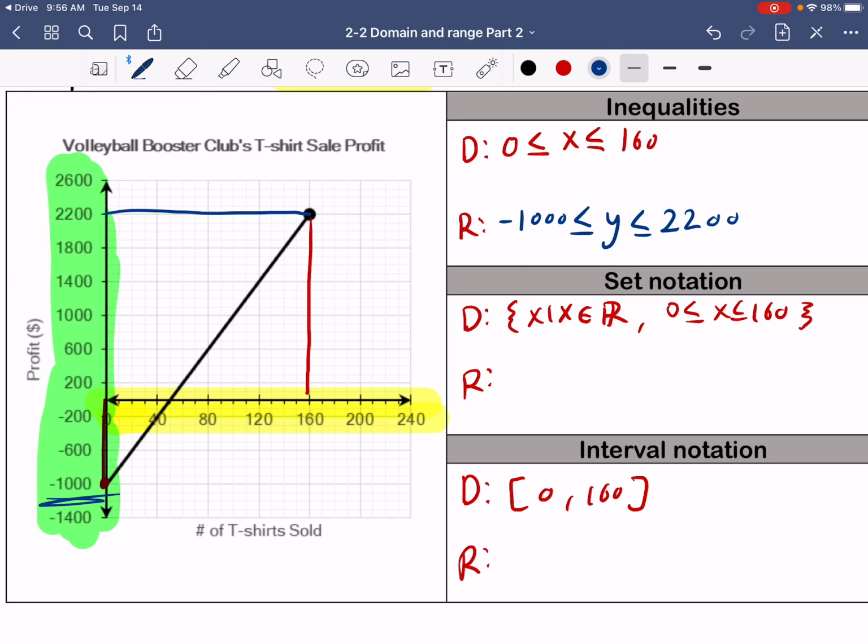Okay? If you change it to interval notation, negative 1,000, 2,200. Like that, okay?